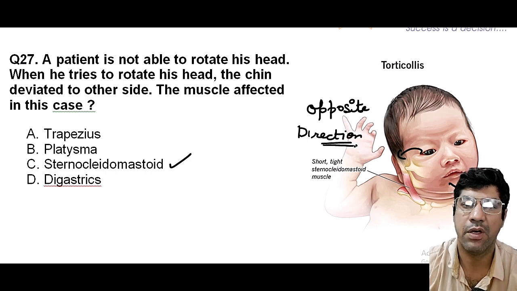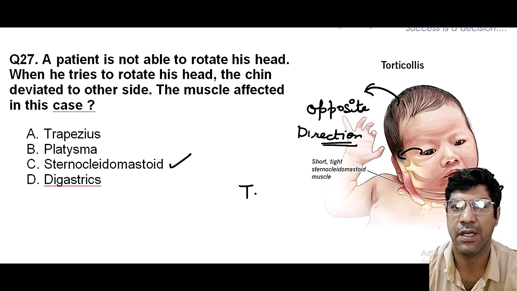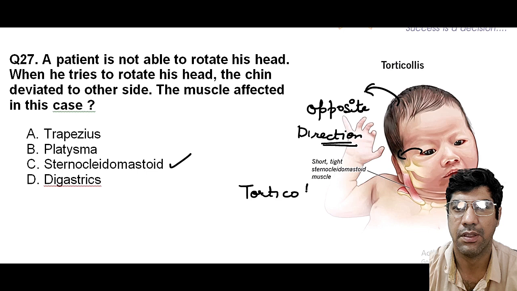If it is not working properly, your chin may point to the other side when you turn your head. This condition is known as torticollis, or wry neck.